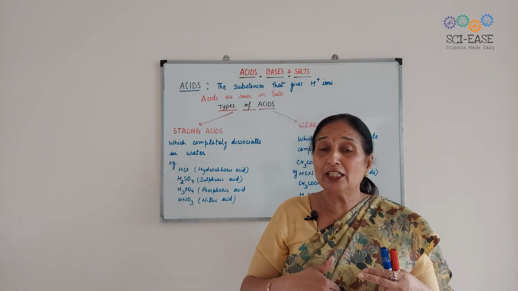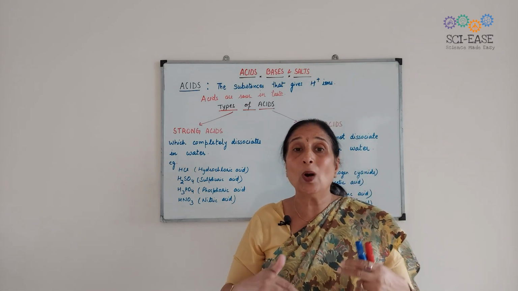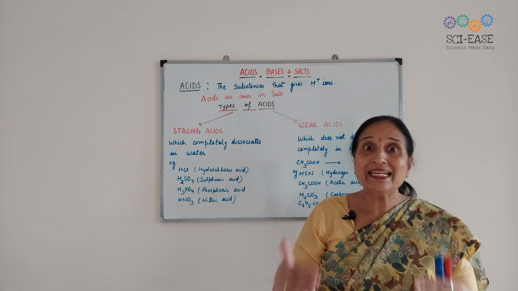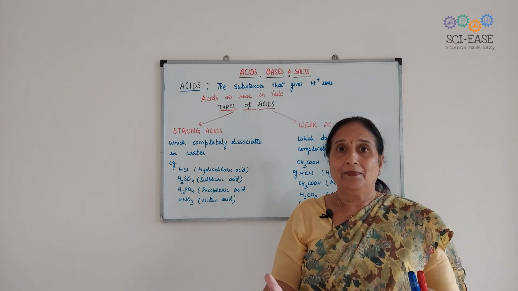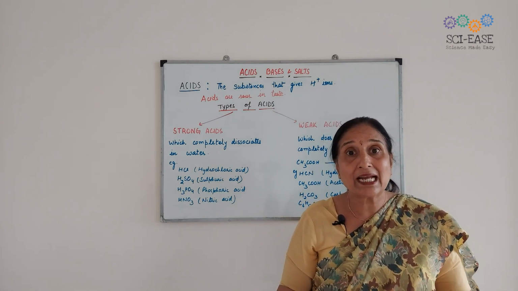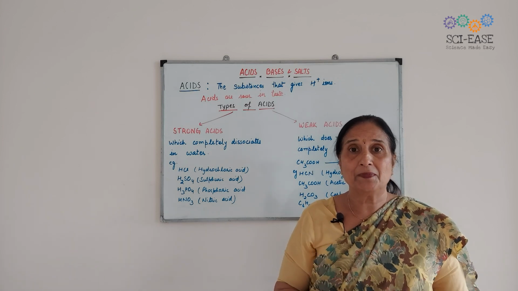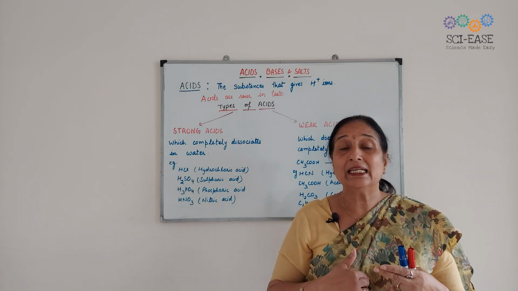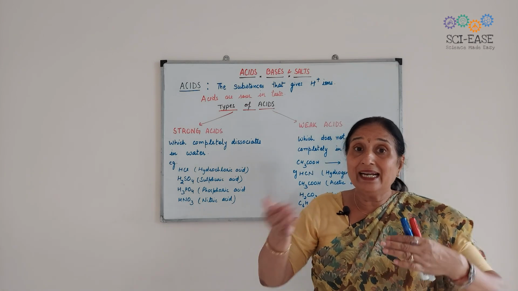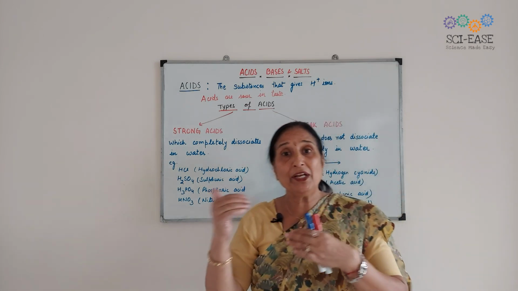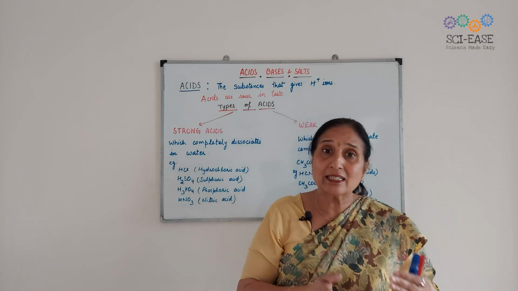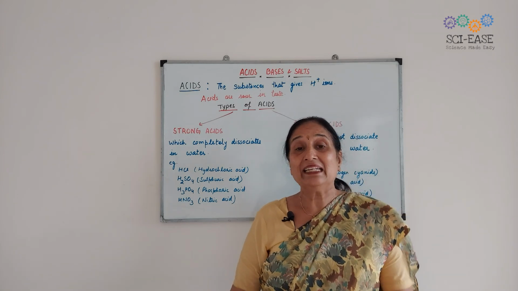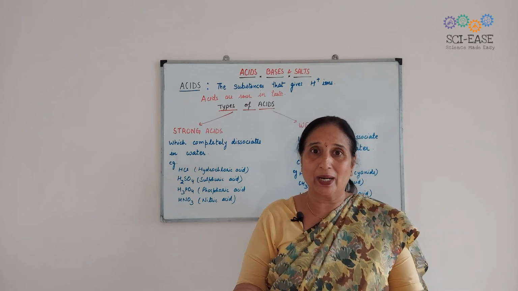This irritation in the food pipe is due to excess acid present in the stomach that comes up. This is known as acidity, and this acidity can be neutralized by taking some base, and that is baking soda.